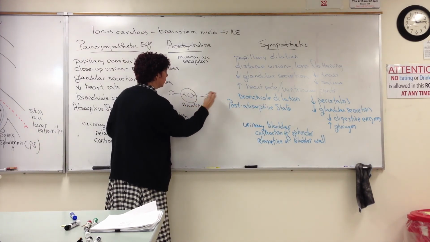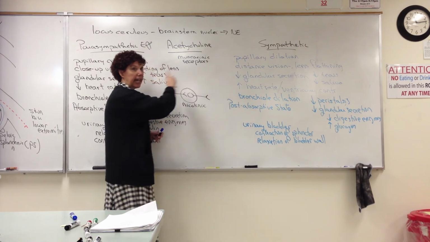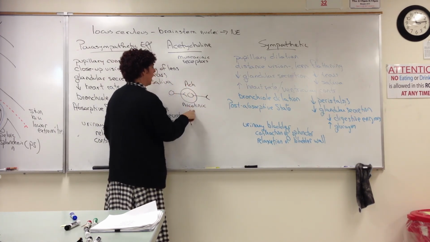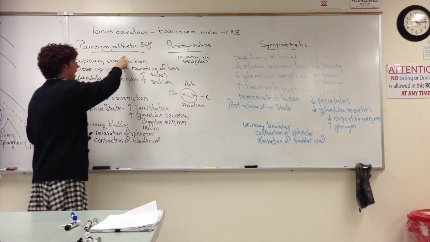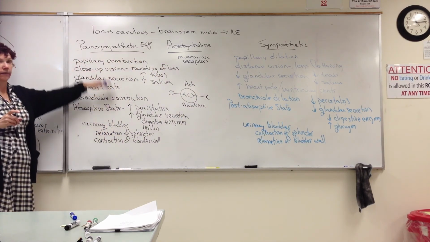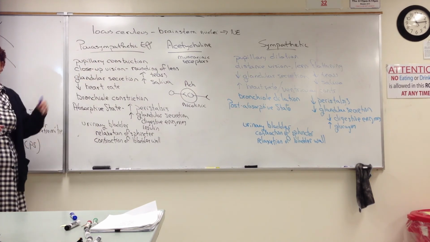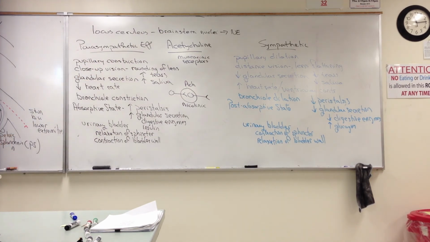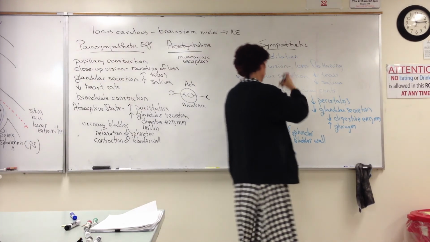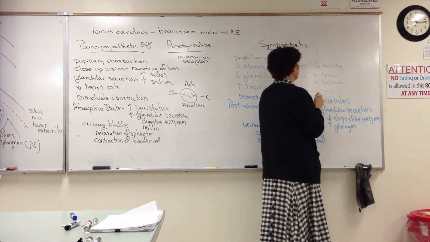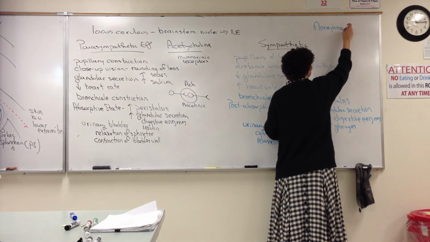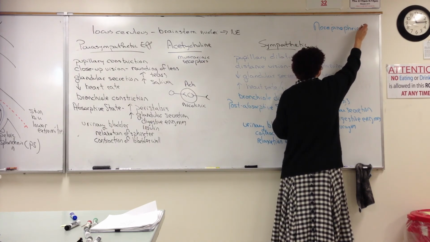So these would be nicotinic. And remember, it's true for both sympathetic and parasympathetic. Acetylcholine is released, and they're nicotinic receptors, whereas at the organ, for parasympathetic, it's acetylcholine. Okay. All right, sympathetic is going to be norepinephrine, primarily.